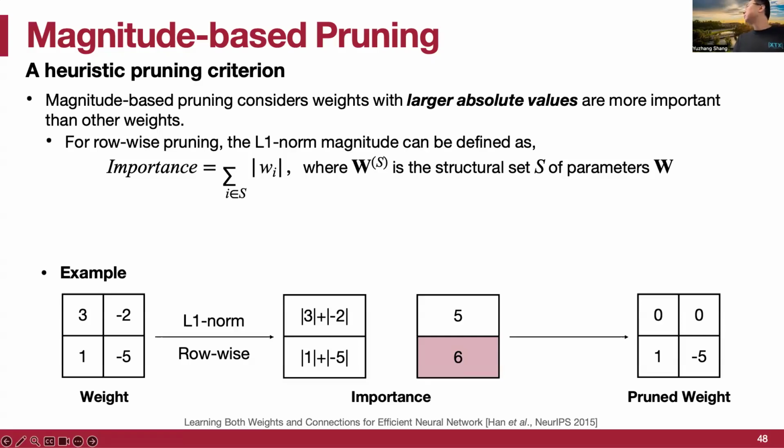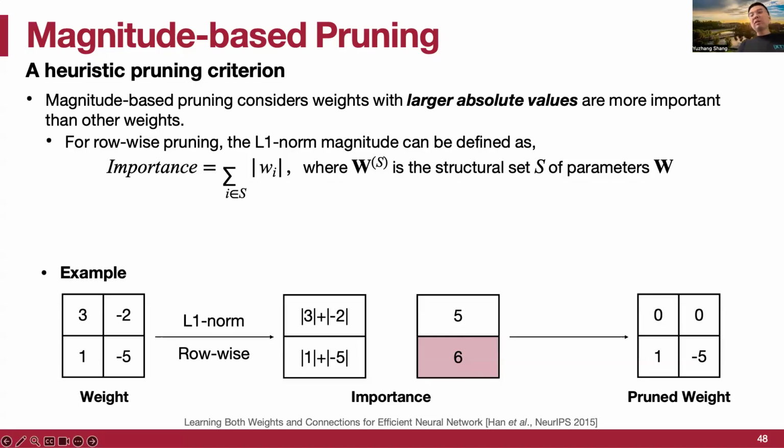And definitely we can also modify those equations, right? For the column-wise pruning, we can use this L1 norm to calculate the absolute value of the importance of the vectors.